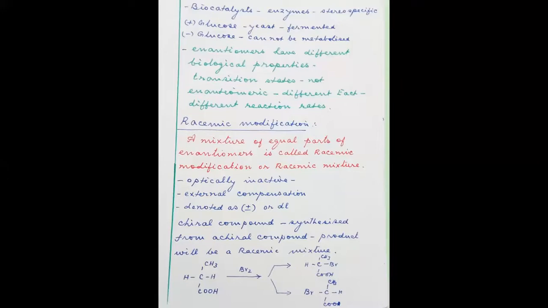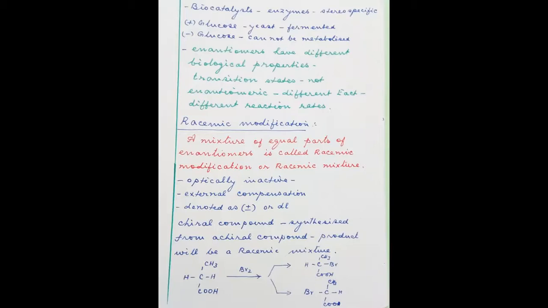But in the case of mesotartaric acid, which has two chiral centers, two asymmetric centers, one center in the same molecule turns the light towards one direction, and the other center, also present in the same molecule, turns it in the opposite direction. So both turnings are cancelled. But here, the two cancelling asymmetric centers are in the same molecule. That is why this is called internal compensation.